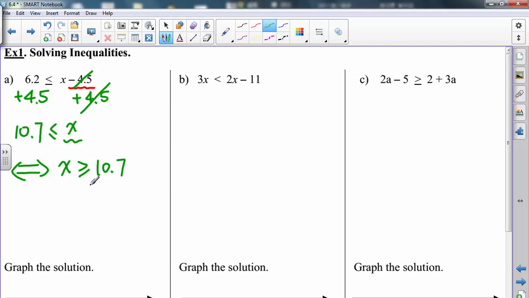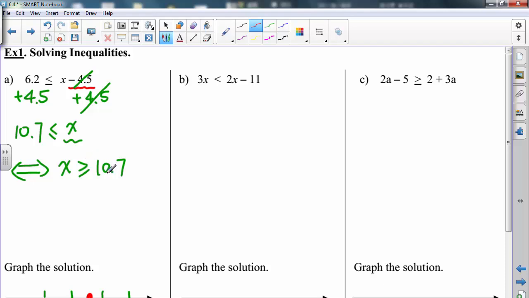So let's graph the solution on the number line. I will label 9 here, 10 here, 11 here, 12 here. 10.7 is between 10 and 11, but a little bit closer to 11. Since there's an equal sign here, I will use the closed dot to show 10.7 is included in the solution.